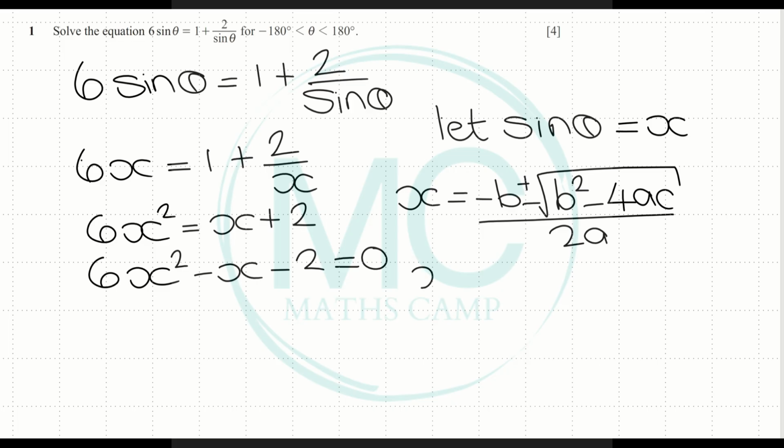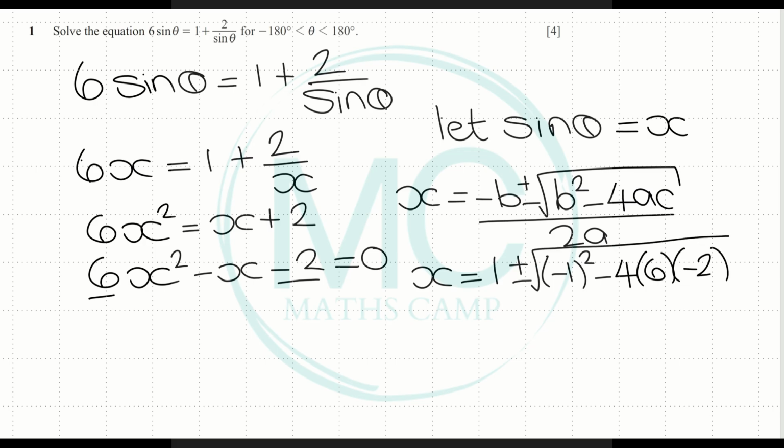In this case, x is equal to, b is negative 1, so negative b becomes 1, plus minus b squared, which is negative 1 squared, minus 4, multiplied by a, which is 6, multiplied by c, which is negative 2. Close the bracket, all under a root, all over 2 multiplied by a, which is 6. So we get a denominator of 12.